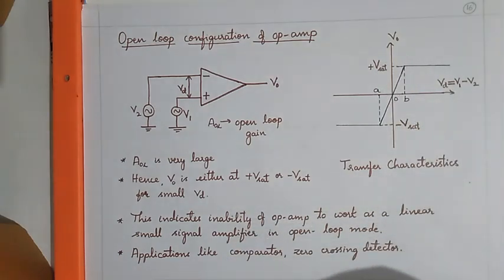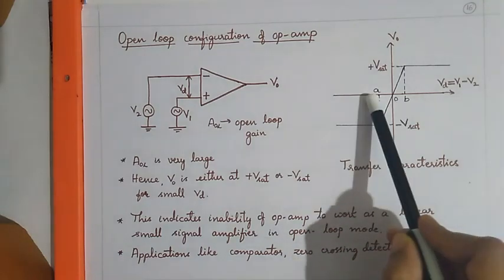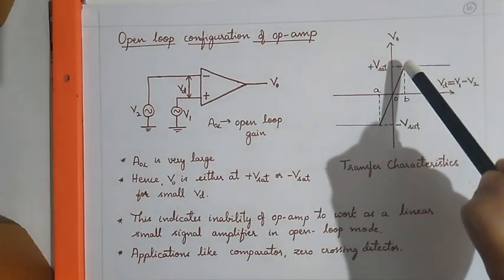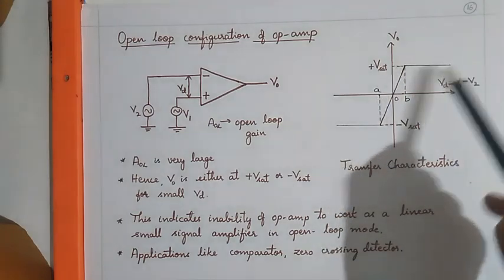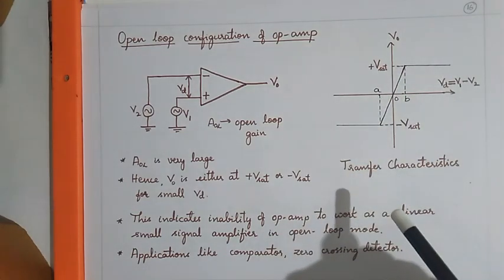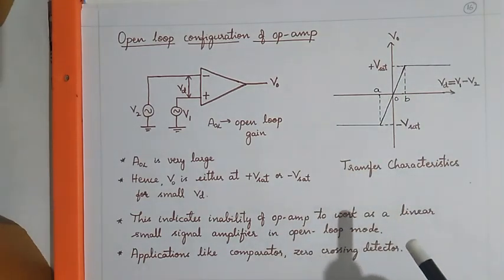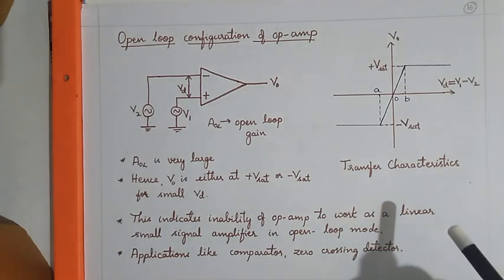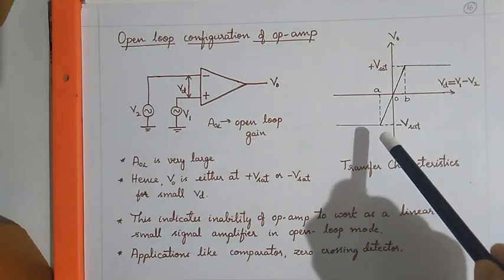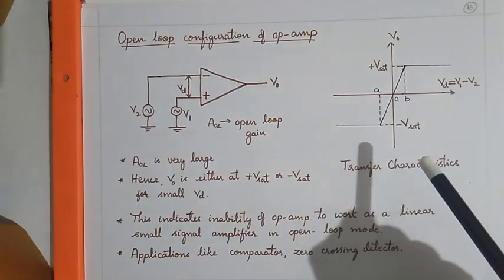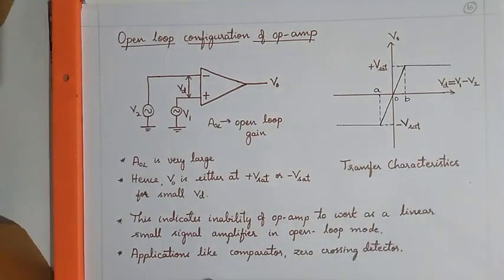For a small range of input signal, from A to B, it behaves linearly, after which the op-amp saturates. Thus, due to the high open loop gain, the op-amp output is either at plus V saturation or minus V saturation. This indicates the inability of the op-amp to work as a linear small signal amplifier in open loop mode.